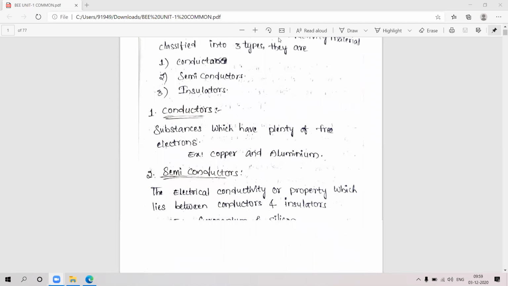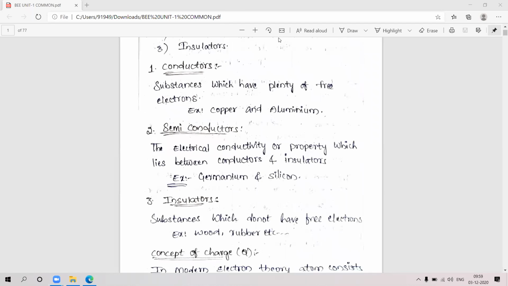Likewise, semiconductors. Have you observed or not? The name itself indicates that semi means it will allow in one direction and not in the other. When you apply an AC source, AC means alternating current, so it changes in one cycle.